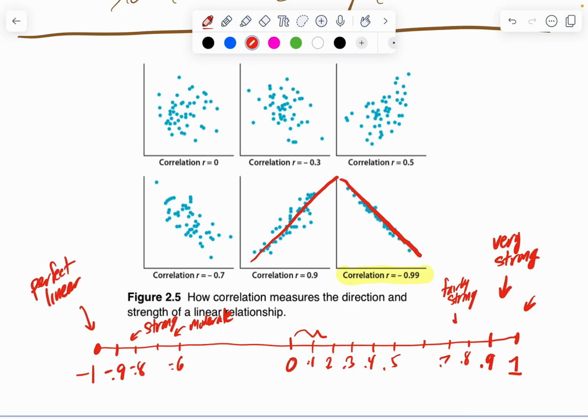Pretty much anytime the correlation coefficient is down here, it's going to be weak to very weak in its linear association. In the pictures above, with a correlation of 0.5, there's still a clear positive association there. It's just that the dots are not obviously in a straight line.